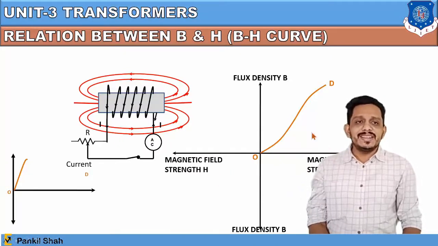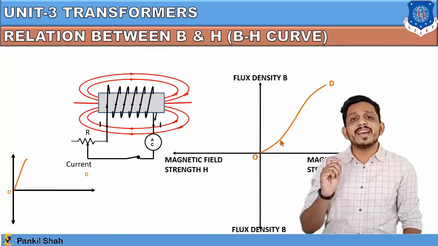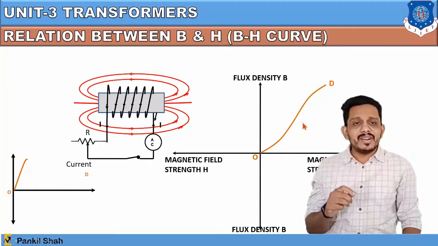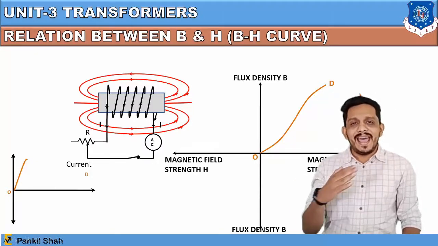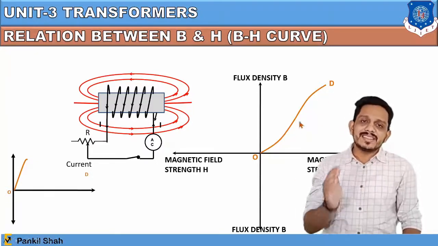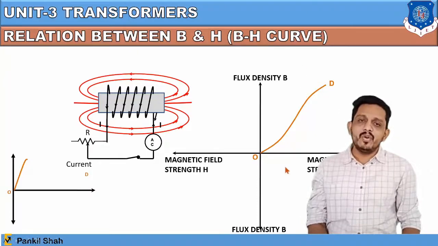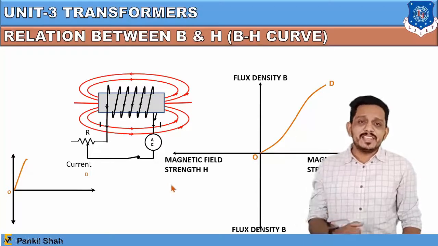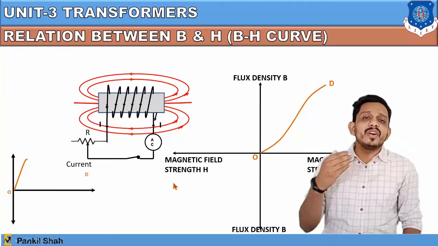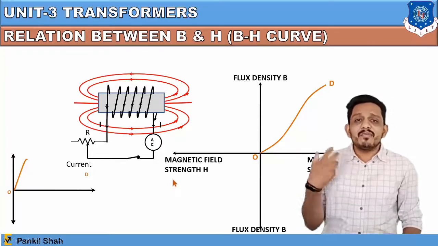So we can say that at some moment of time, this B versus H graph is linear, and after some moment this graph is curved. So it is not directly increasing, but it is slightly increasing with respect to H. Now, if current reaches its maximum value, then no further increment in flux will be there.